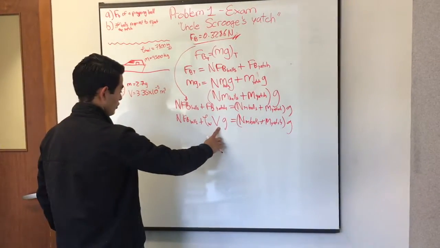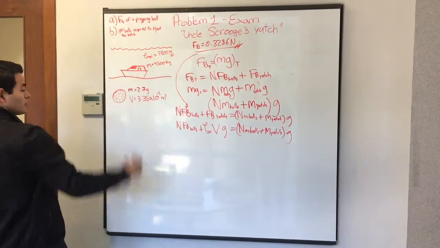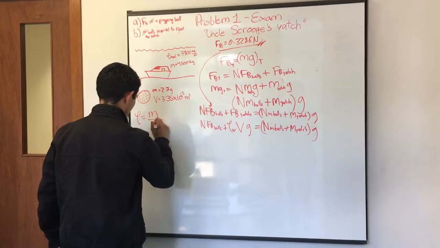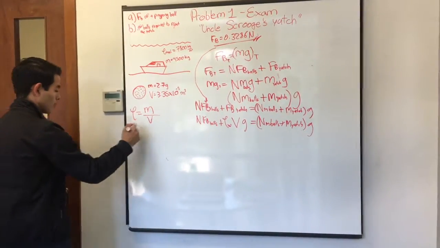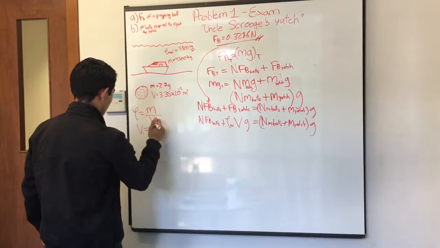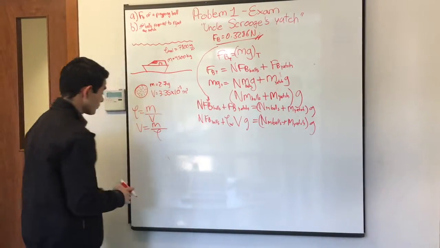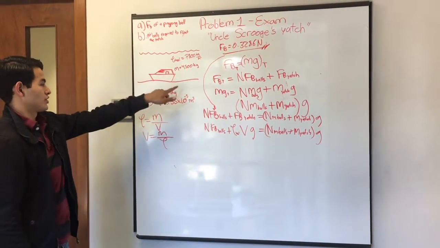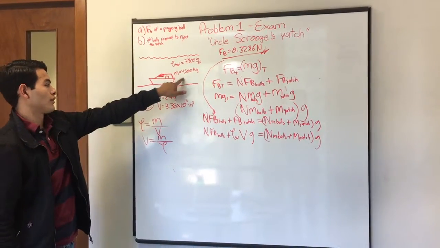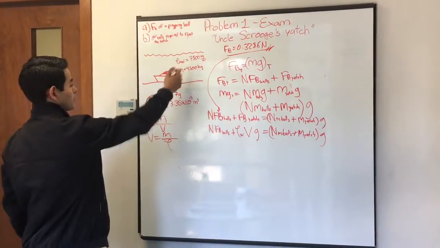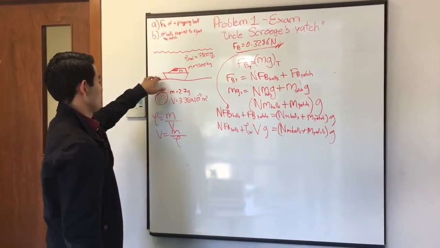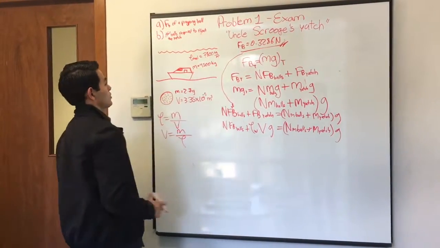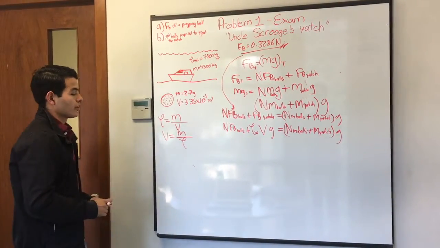Now we need to calculate the volume of the yacht. Remember that density is equal to mass over volume, so solving for volume, the volume is the mass over the density. We are given that the mass of the yacht is 4,500 kilograms, and the density of the steel, which is the material the yacht is made of, is 7,800 kilograms per cubic meter.